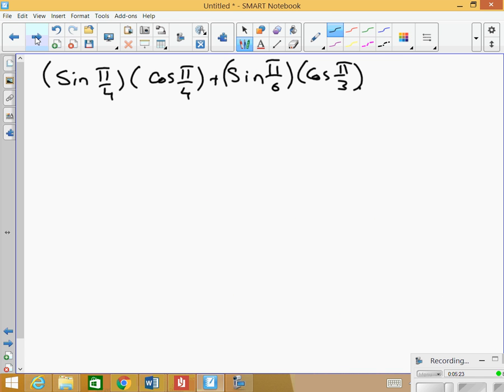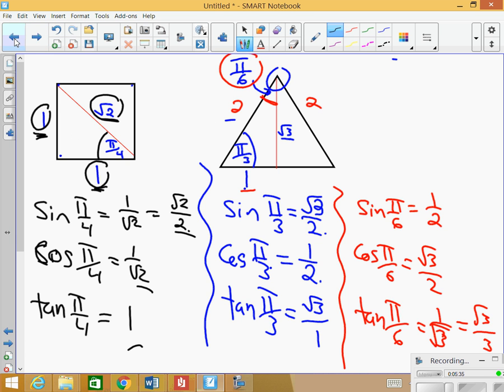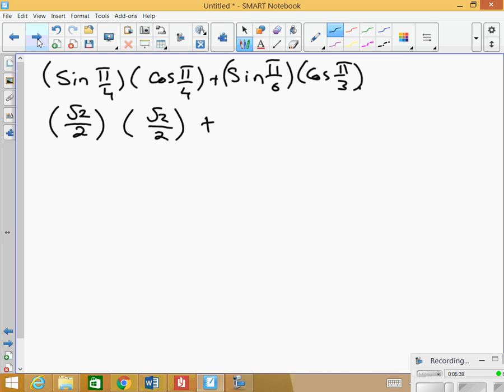Same with cosine, it's root 2 over 2. Plus sine pi over 6, which is 1 over 2, and cosine pi over 3 is also 1 over 2. Those are all our special angle relationships, and I can just plug them in and do my math.